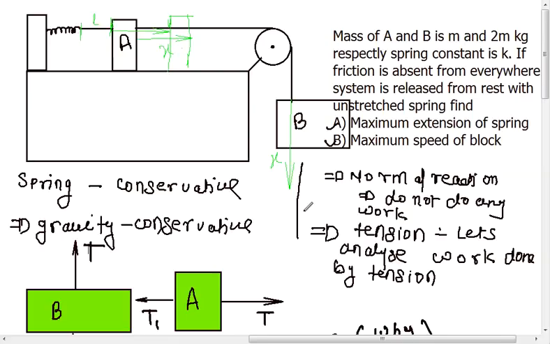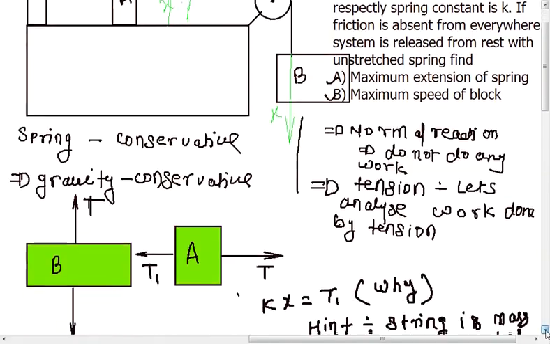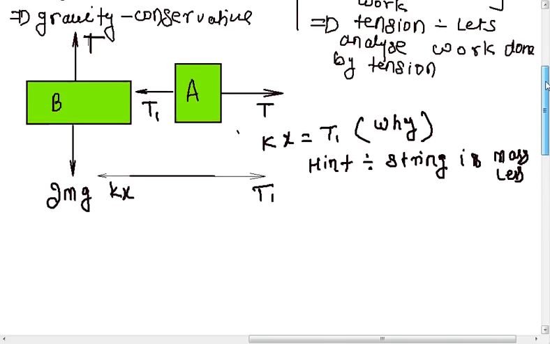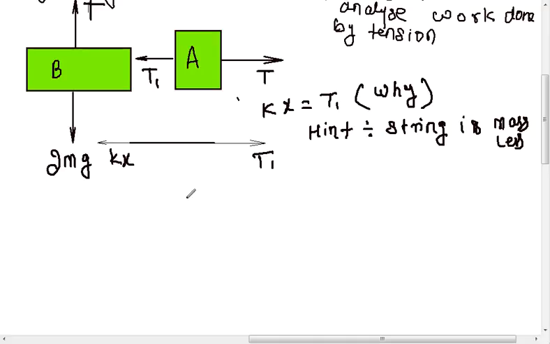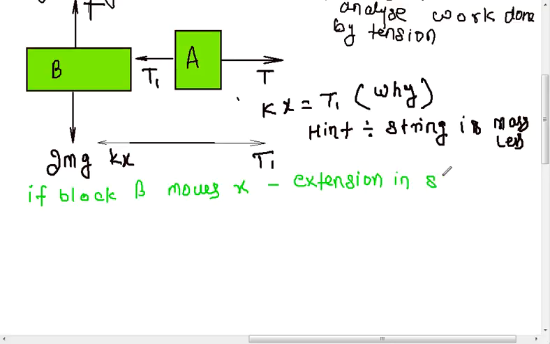Just wait a minute. If block B moves x, then the extension in the string is x.